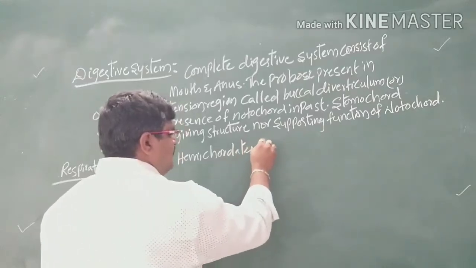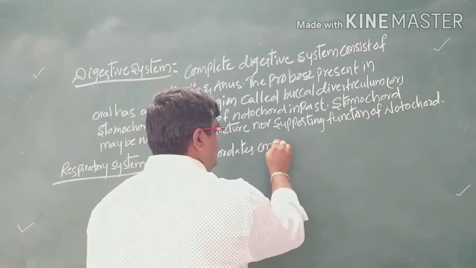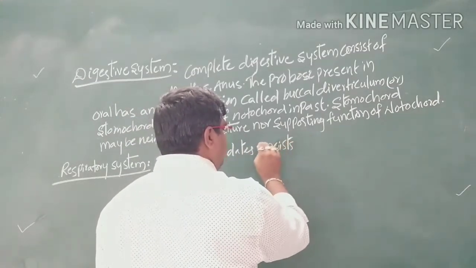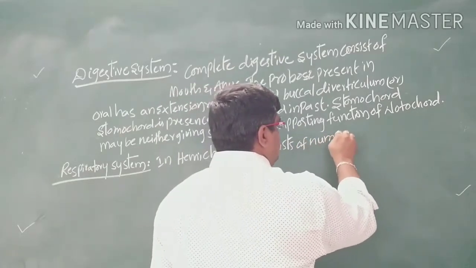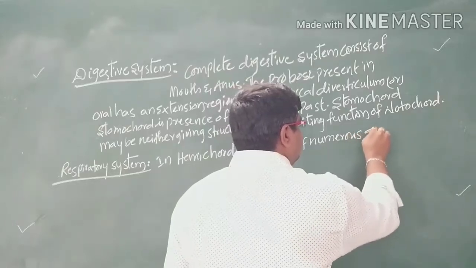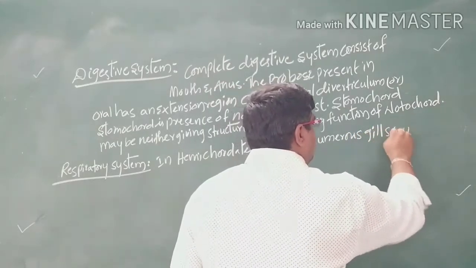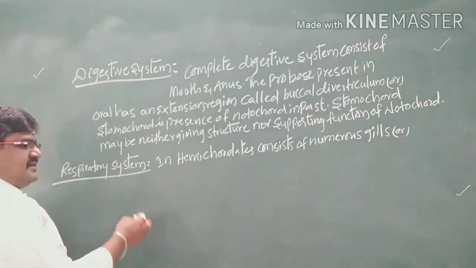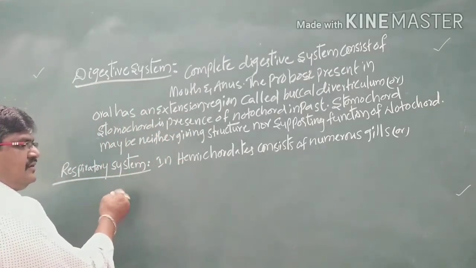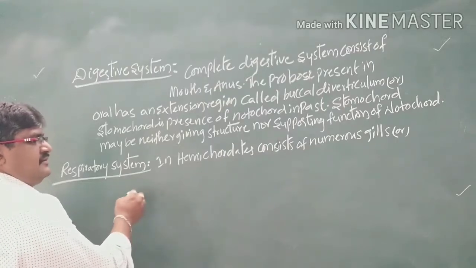Hemichordates consist of numerous gills, and respiration takes place through the gills.